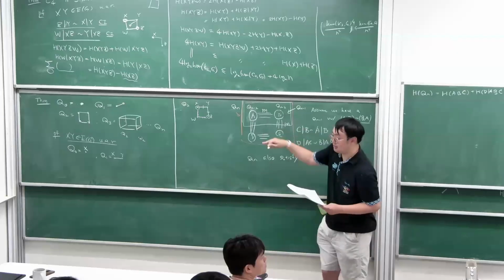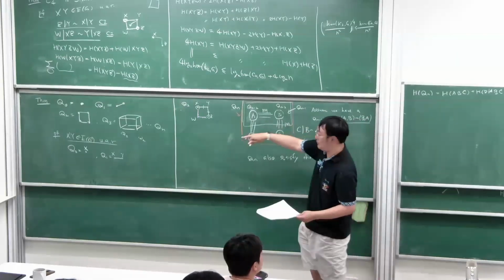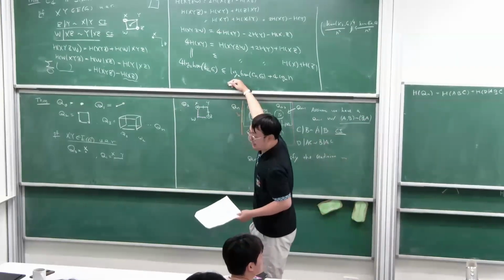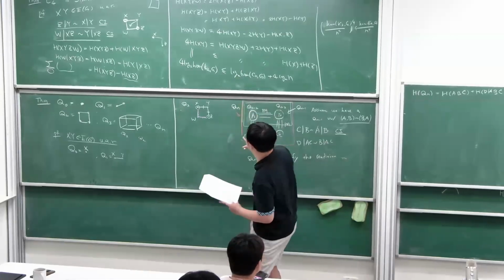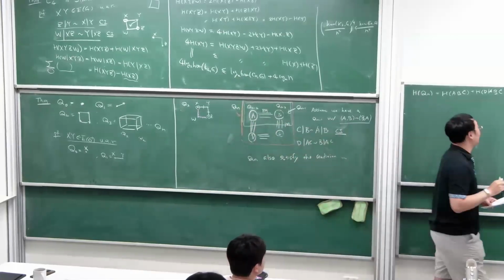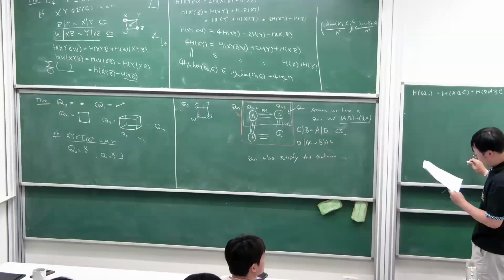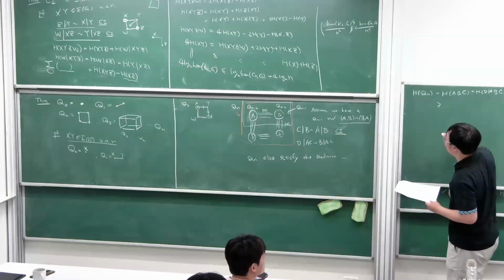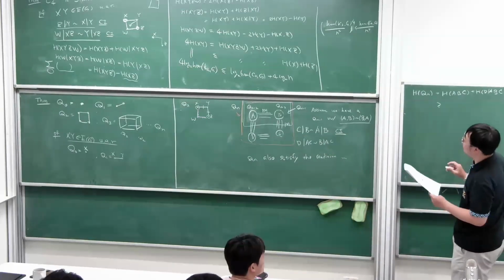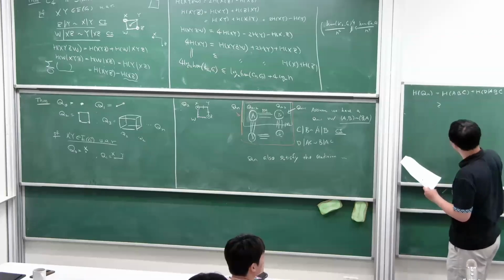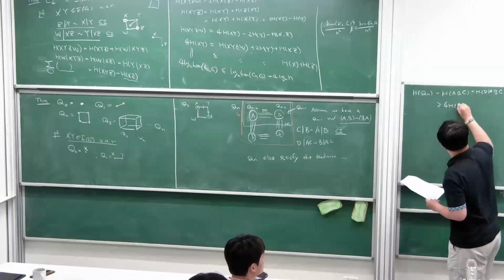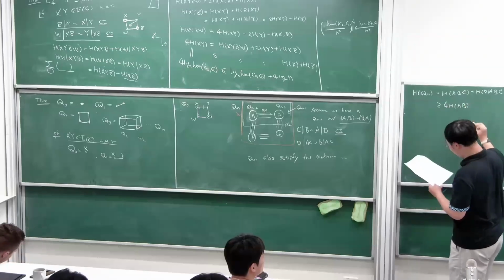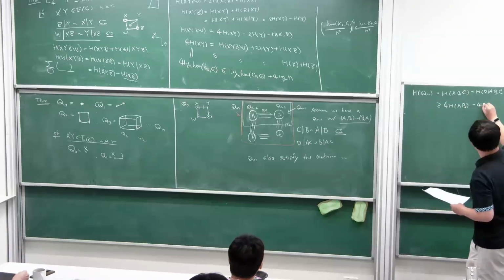So ABCD are these four parts. And basically the calculation will be identical to the C4 calculation, but instead of XYZW, we have ABCD now. So maybe let's just do it quickly. By the C4 calculation there, we know that this is lower bounded by 4H of AB minus 4H of A.